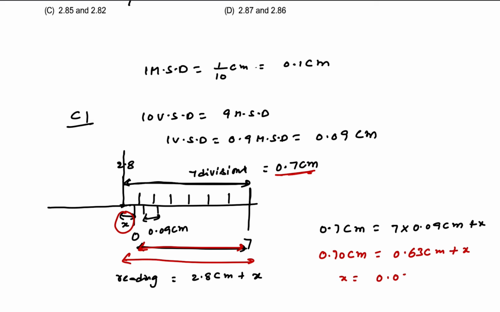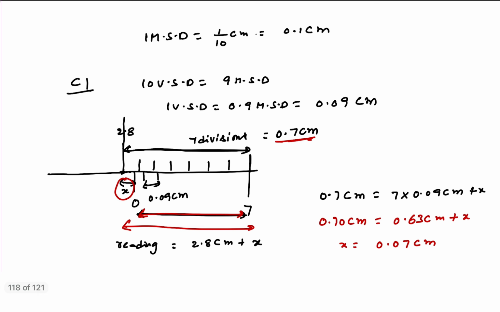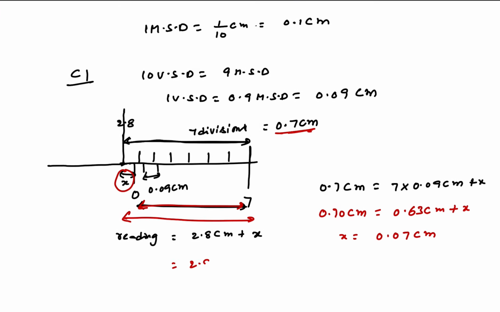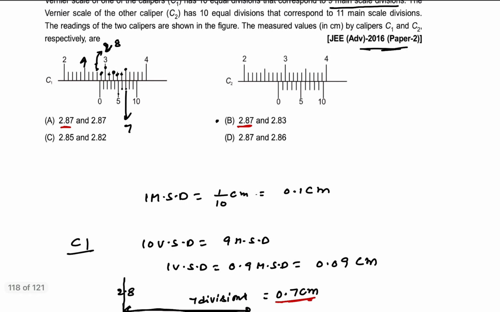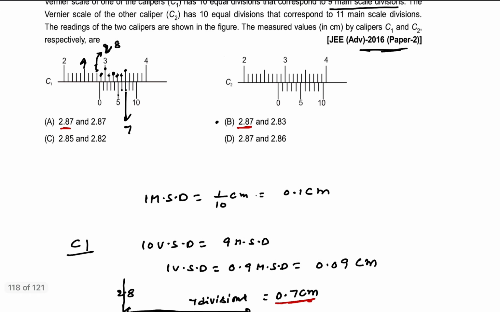So x is equal to 0.07 centimeters. Now we can write 2.8 centimeters plus 0.07 centimeters, that is equal to 2.87 centimeters. See, 2.87 is there, and the second option is also there. Why am I doing this? The diagram is given, that's why there is no need to use least count and all.